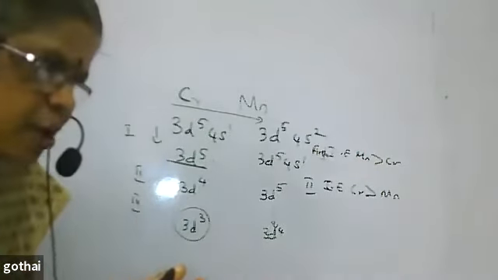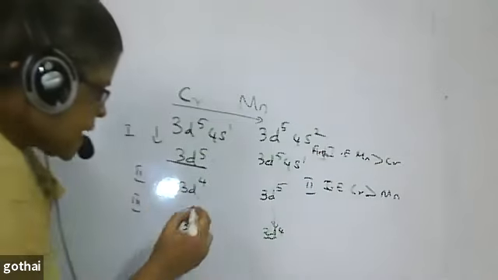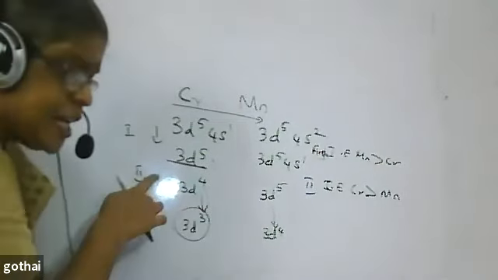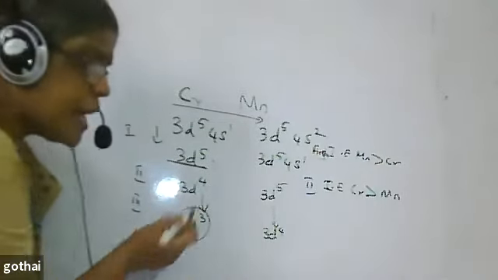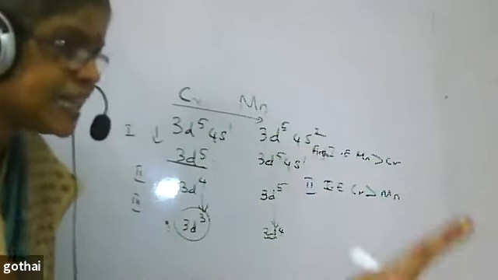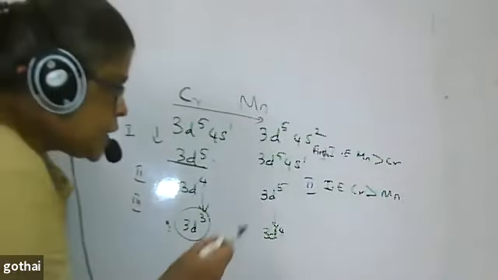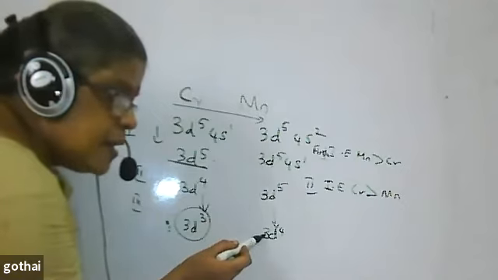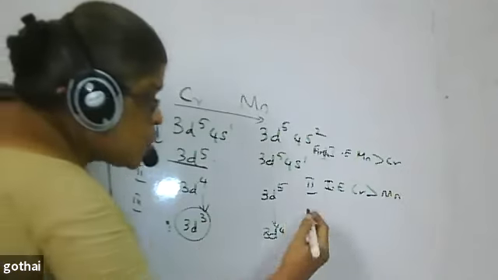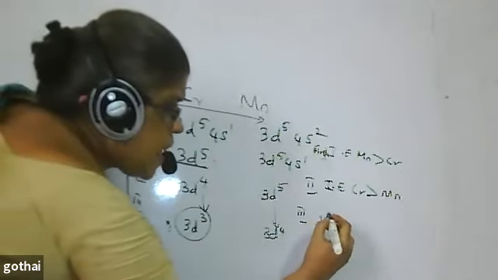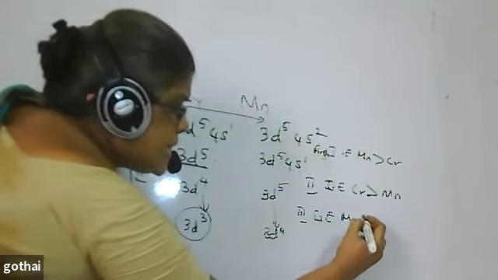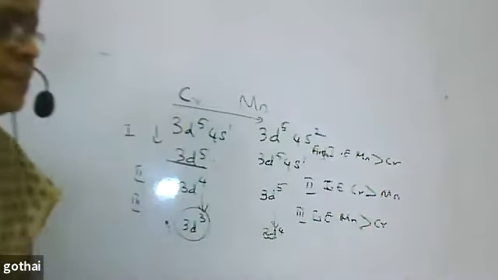It is moving from stable to unstable here, so it is very difficult to remove. So the third ionization enthalpy of manganese is greater than chromium.